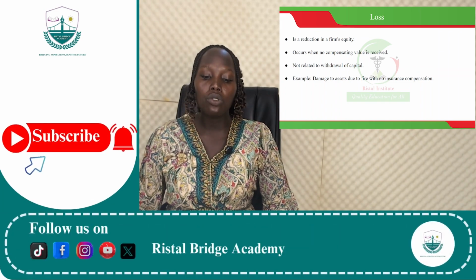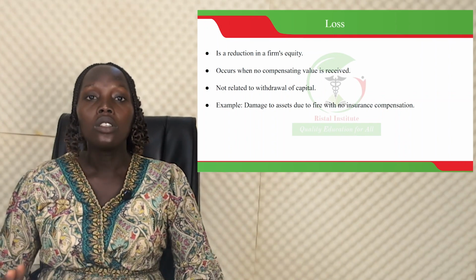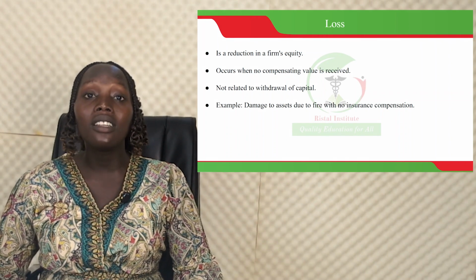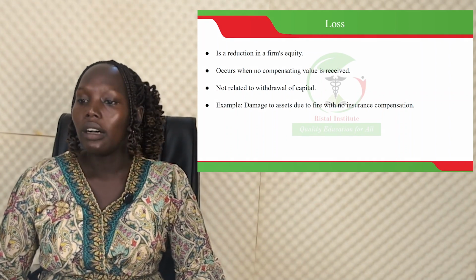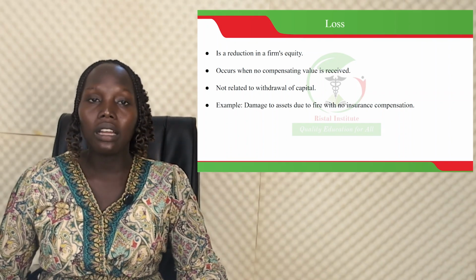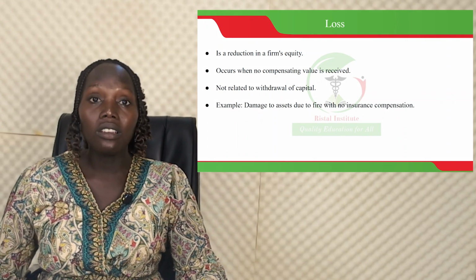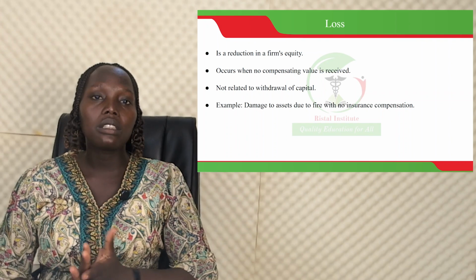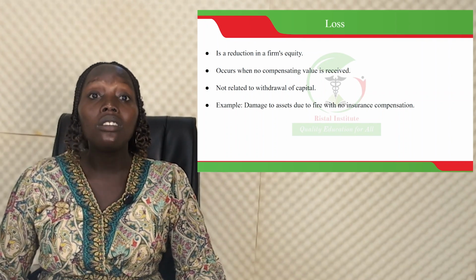An example is damage to assets due to fire with no insurance compensation. For example, you have your business, and all of a sudden at night, due to electricity or a fire from the neighborhood, or any other cause, your business catches fire.